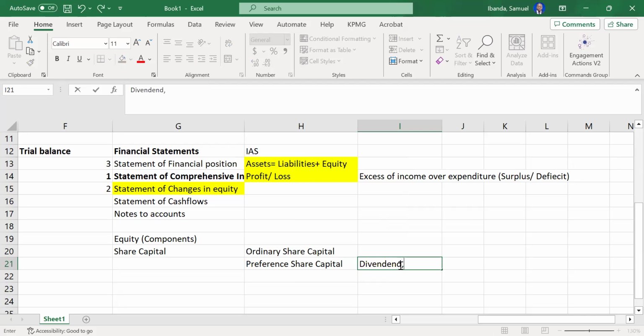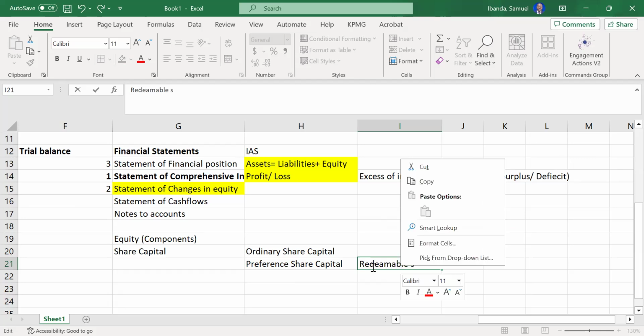They may also have cases where you have to pay them back their contribution. Preference share capital are also broken down into what we call redeemable preference shares.